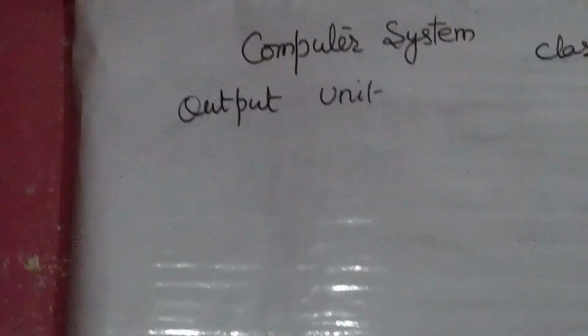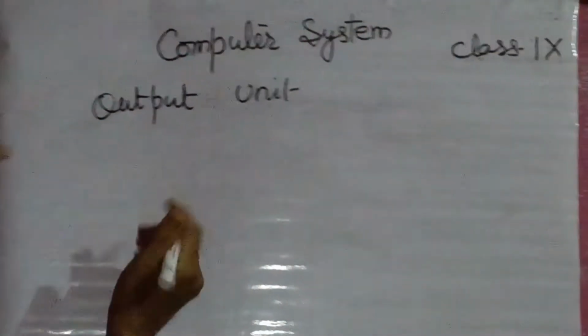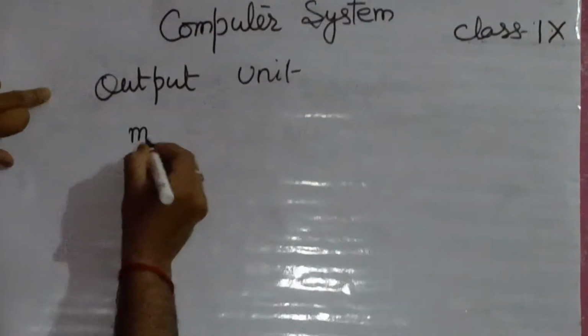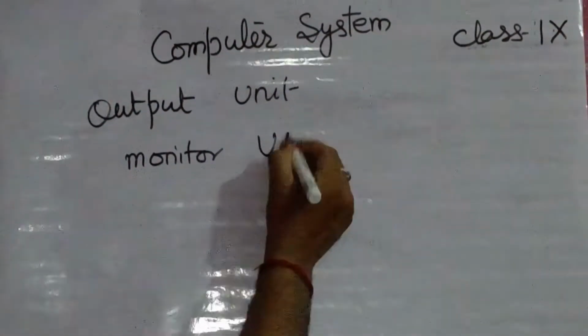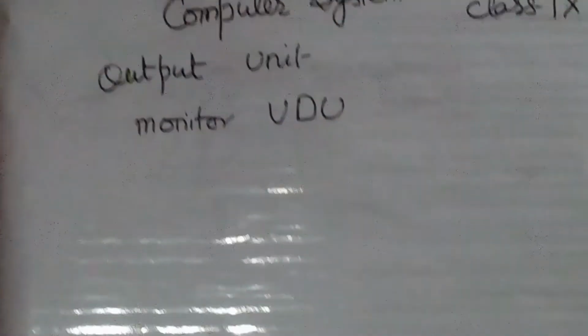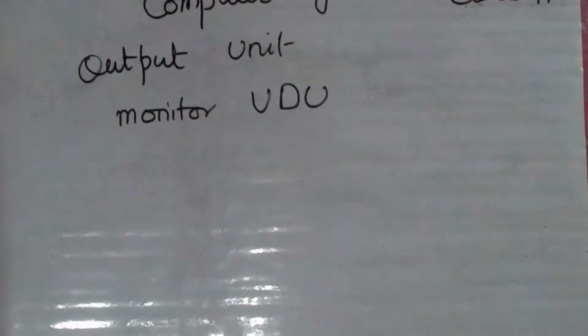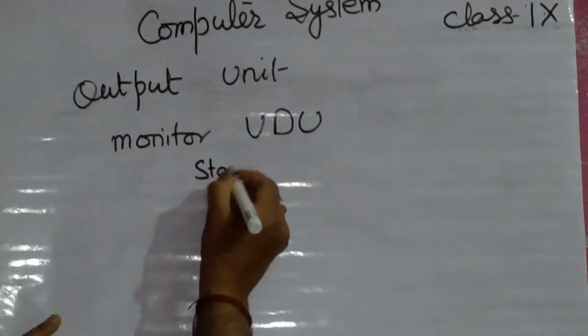Here the main output device is the monitor. It is also known as VDU, or visual display unit.